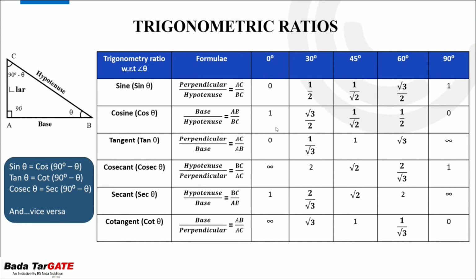So if theta is equal to 30, let's take the example of tan 30, which is 1 by root 3 and therefore cot 60, which is 90 minus 30, is also 1 by root 3. And similarly, if we take the example of the angle 45 degree, then cosec 45 is root 2, and similarly sec 90 minus 45, which is sec 45, is also root 2.